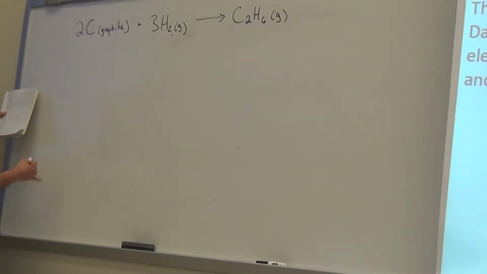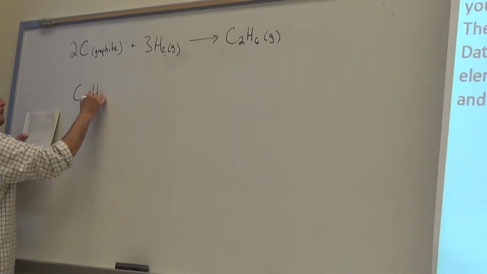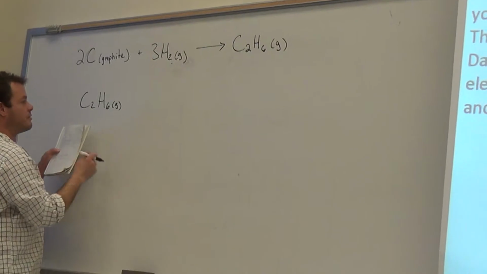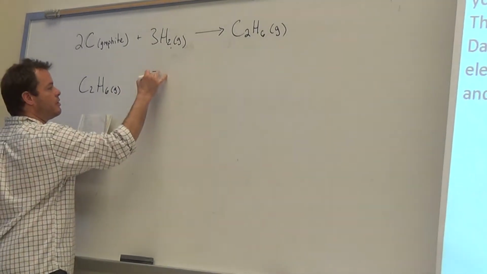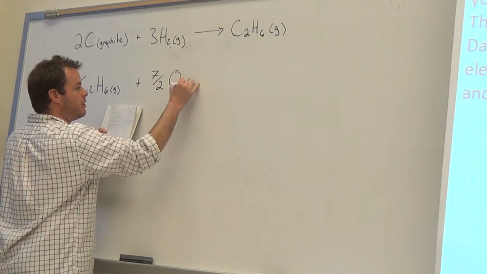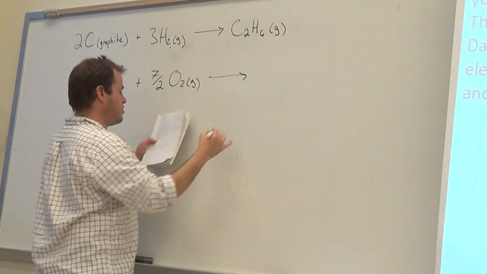We can combust ethane. We can take C2H6 in its gas phase, put it in with 7/2 moles of O2, gas phase, run the combustion.